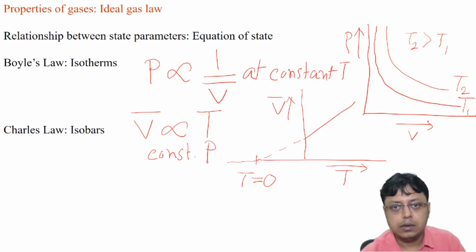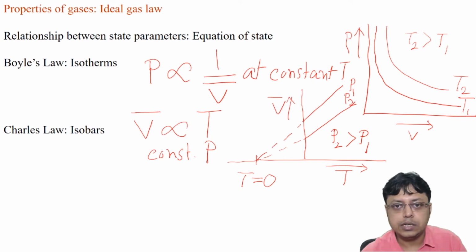So similarly, just like Boyle's law we can draw at varying temperature, we can also plot Charles' law at varying pressure. So here I have plotted Charles' law at two different pressures, P2 and P1, where P2 is greater than P1.